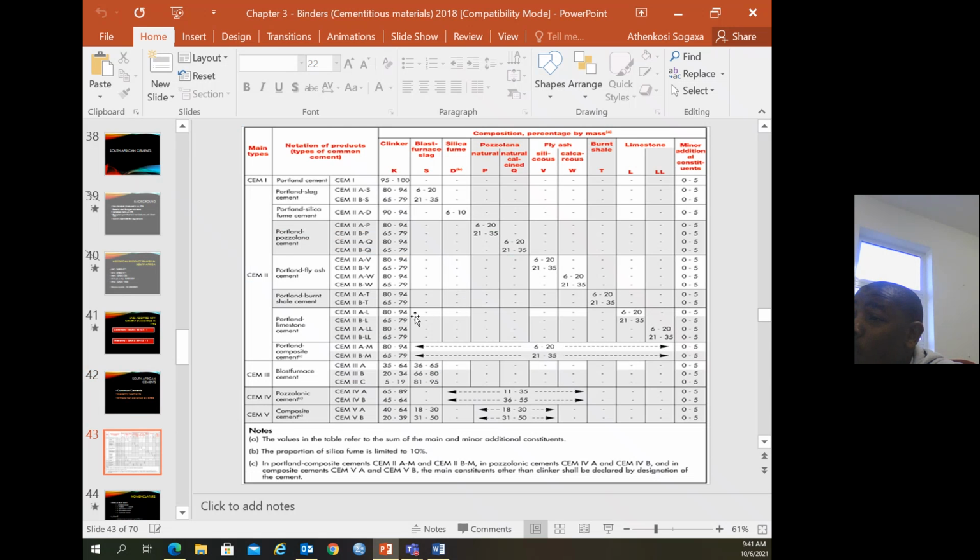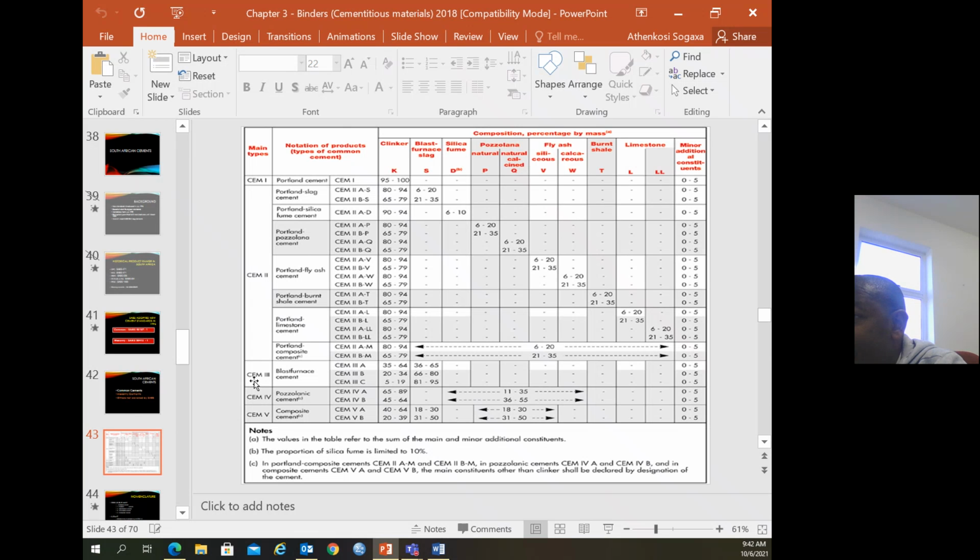So now, if you look on this table, firstly, here you have Portland cement, slag cement, Portland silica fume cement, Portland pozzolan cement, you've got these cements. Now we have here SEM1, SEM2, SEM3.